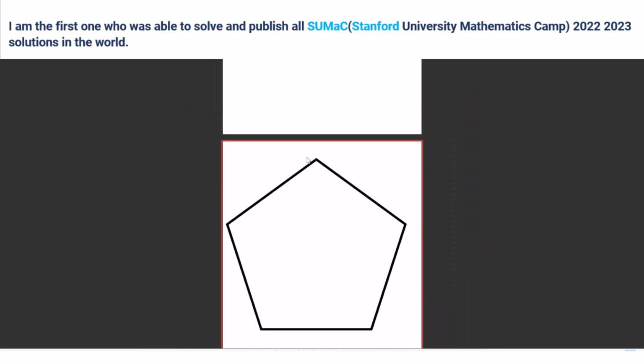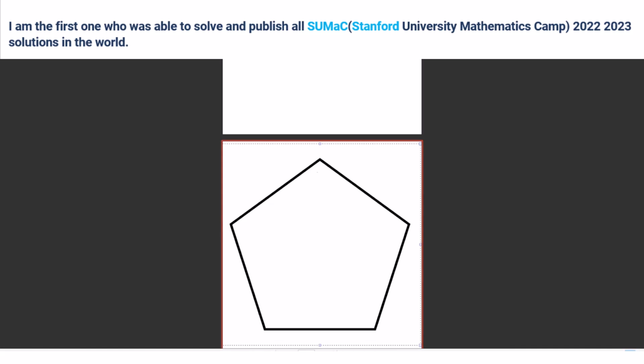Okay. Now, if we consider this one, can you tell me the new pentagon? How can we create the new pentagon? B, C, D, E. Okay. The center lies here, right?